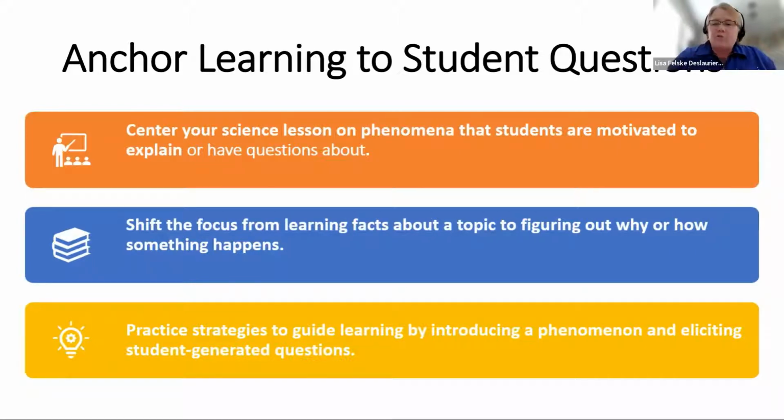We're going to practice strategies today by introducing a phenomenon, and then you're going to be the student and come up with questions you have about the phenomenon, using a driving question board.